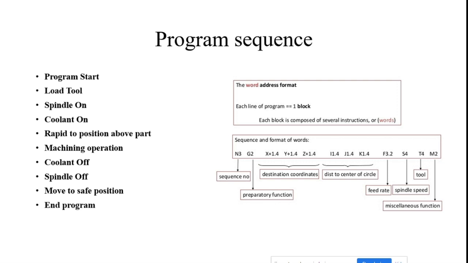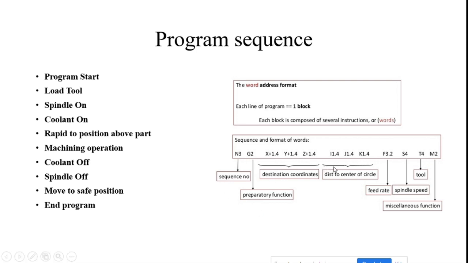I already told about all the G codes available in program creation, so you should assign the preparatory function. After that, you should give the destination coordinates, where the tool moves and where the workpiece moves. Likewise, you may give the destination coordinate values with respect to the G code function.